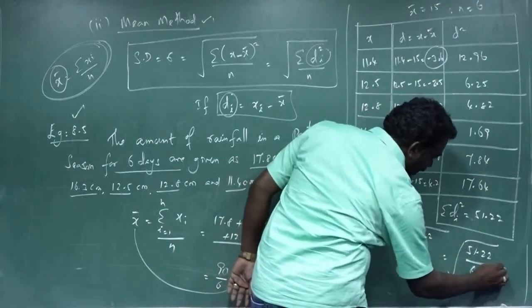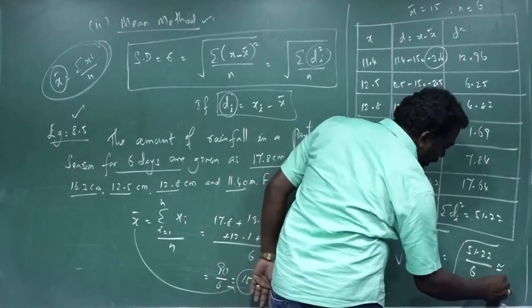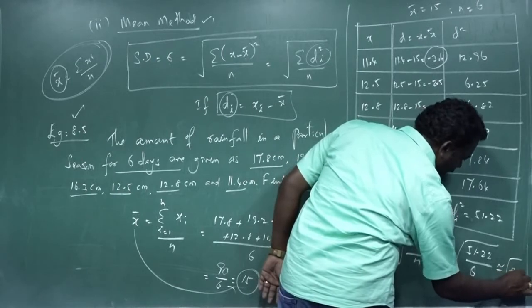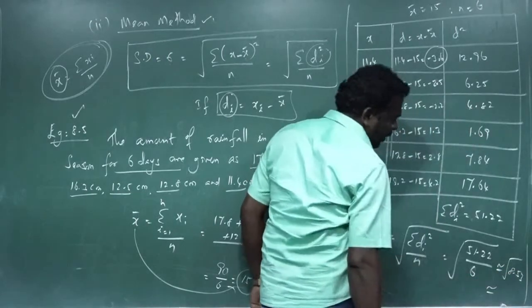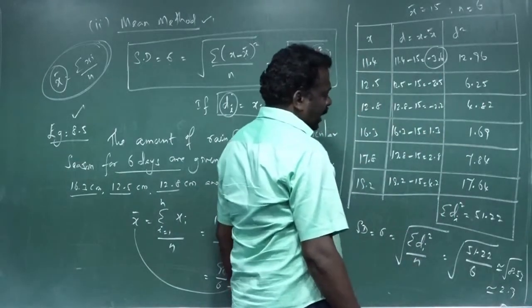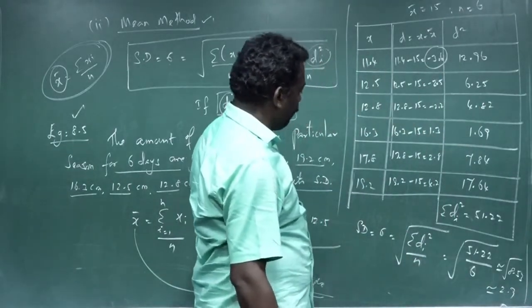Calculating approximately, the square root of 8.53 gives approximately 2.9.